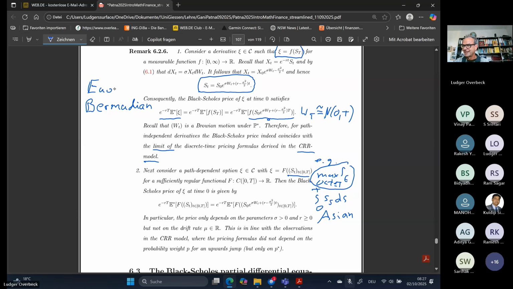So here you have the US or America, however you want to call it, and here you have Europe.